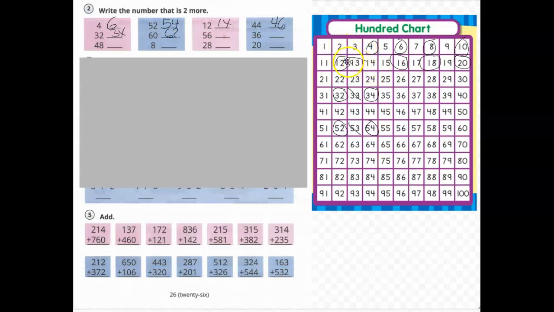So now it's your turn to try to figure out the rest of this top section. Now, if you don't have your hundreds chart out and you need it, go get it. I'm going to delete these off of here. And I'm also going to just go ahead and mark your twos on here for you.